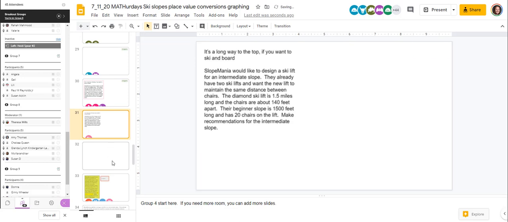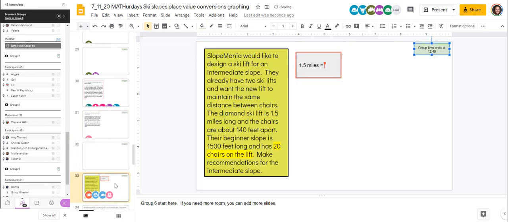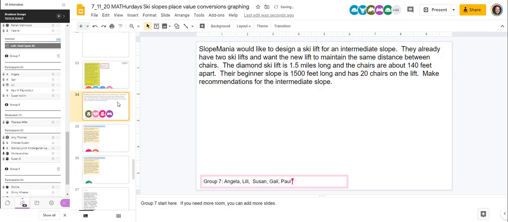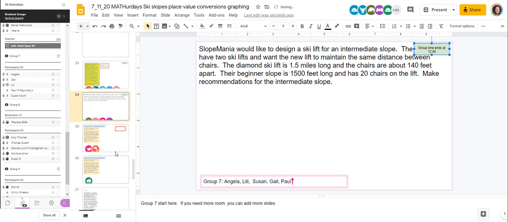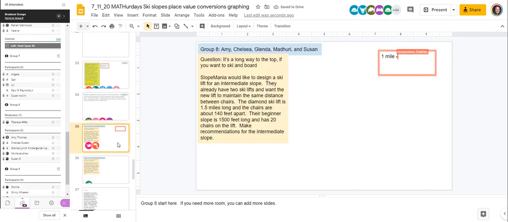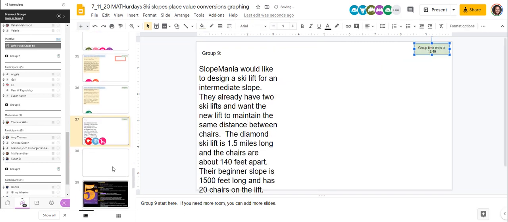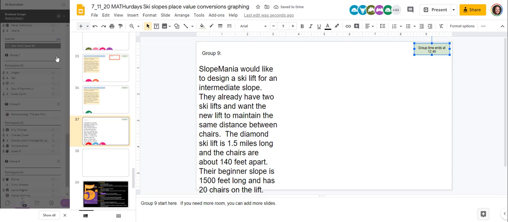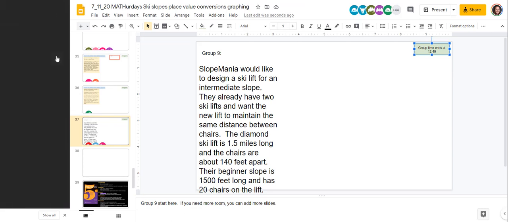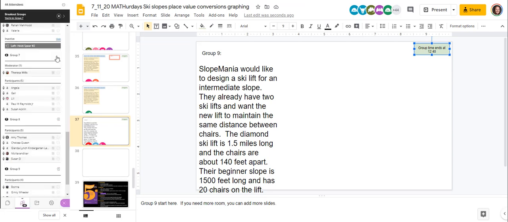Hey Siri, how many feet is in 1.5 miles? 1.5 miles is 7,920 feet. You got that, girls? Okay. 1.5 miles. Mm-hmm. I'm just going to start a box here to take notes.